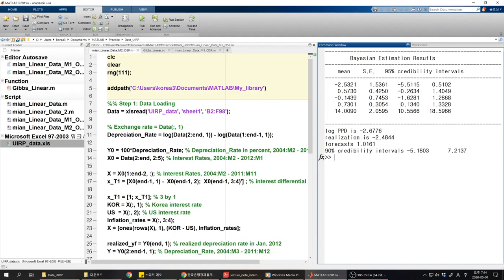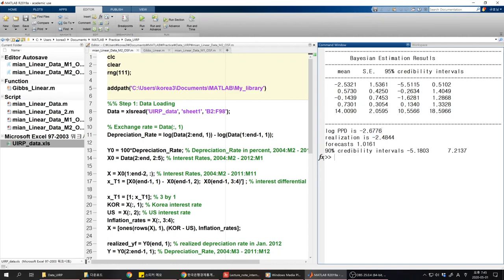Because credibility intervals are all positive. So we can say the impact of U.S. interest rate is positive, but quantitatively it can be around 0.13 or 0.12, 0.2, 0.3, 0.4, or 1.1, 1.2 like this. On average, it's 0.7, right? Despite that, its predictive accuracy becomes worse.